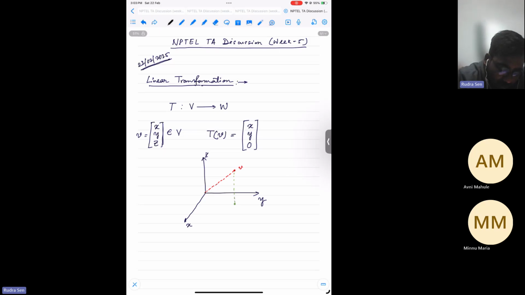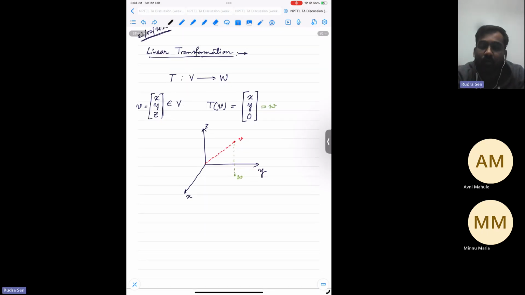In this xy plane there is an x term and a y term, but no z term. That's why it is x, y, 0. Let's call it a small w. So this sort of transformation takes the value from one space and maps it to another space. While doing this there is no nonlinearity. The nonlinear term does not exist over there. That's why it is called a linear transformation.